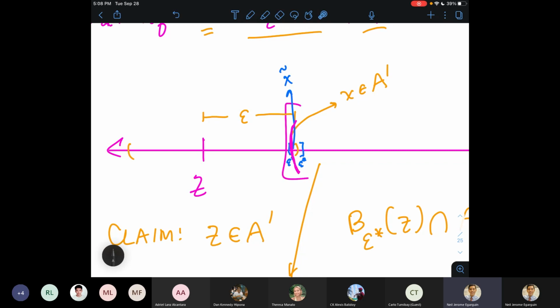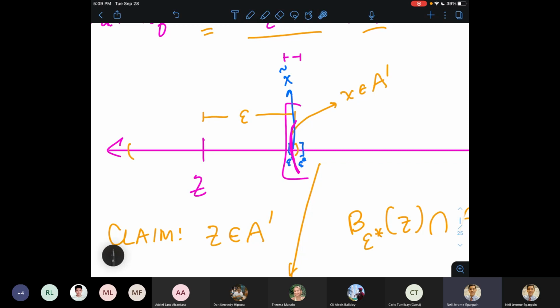It could be the difference between the distance from Z to the boundary of A, minus epsilon. So I take x tilde from between Z plus epsilon and x minus the distance from the boundary of the set A prime or A bar.